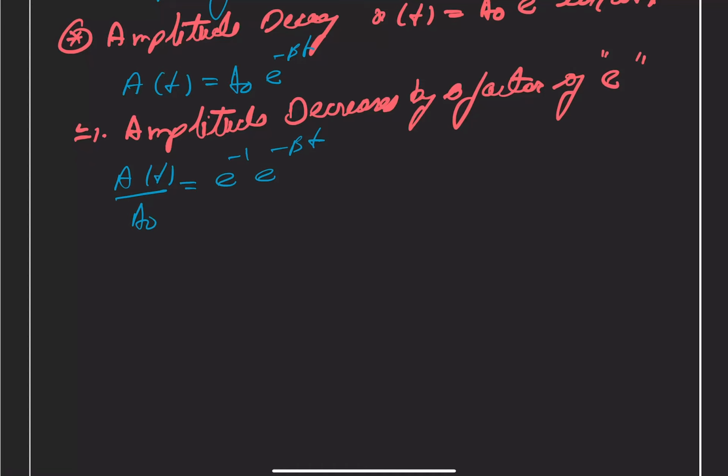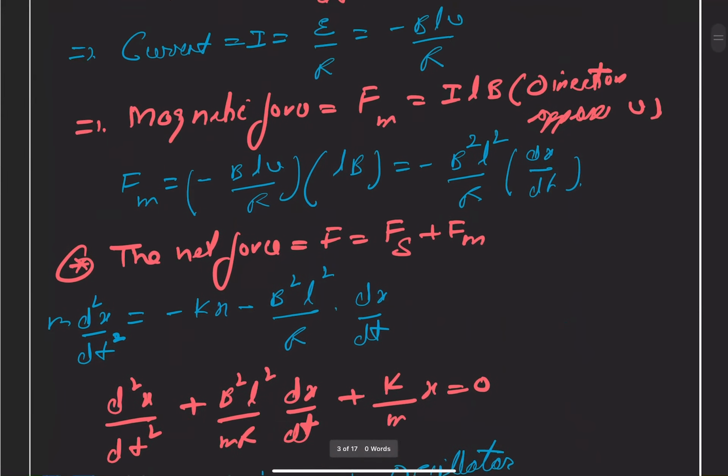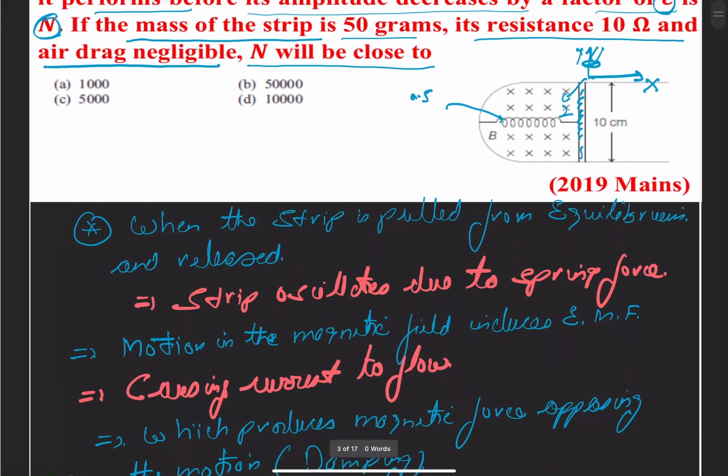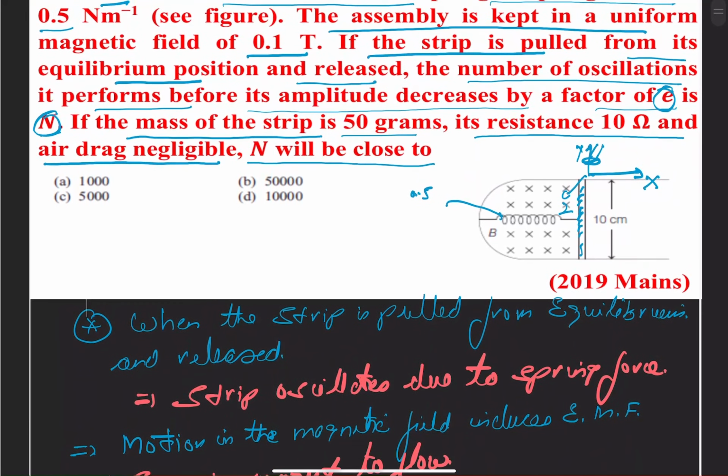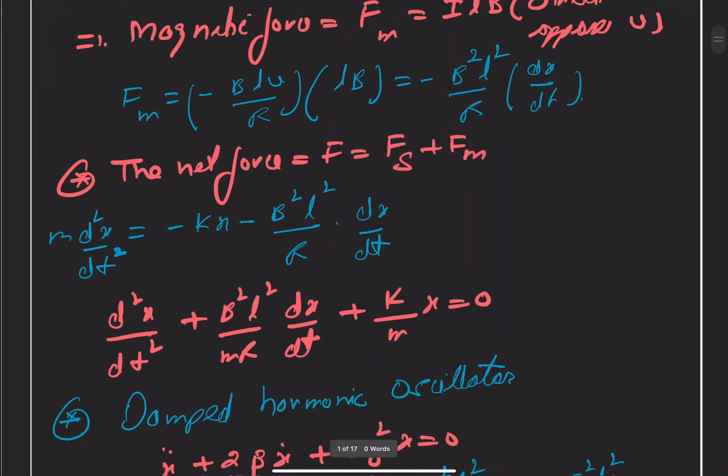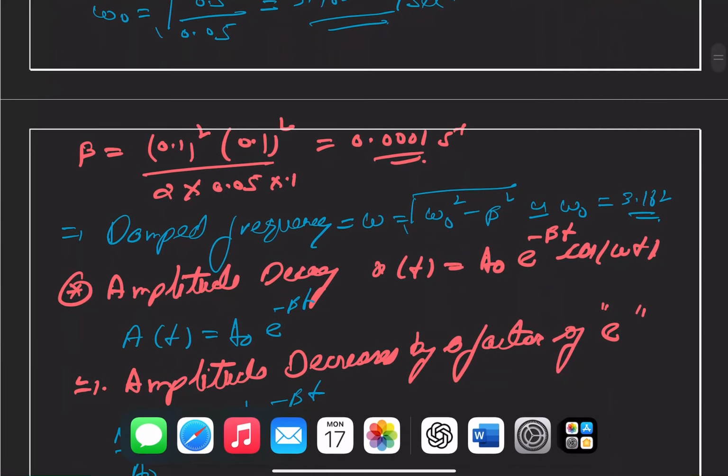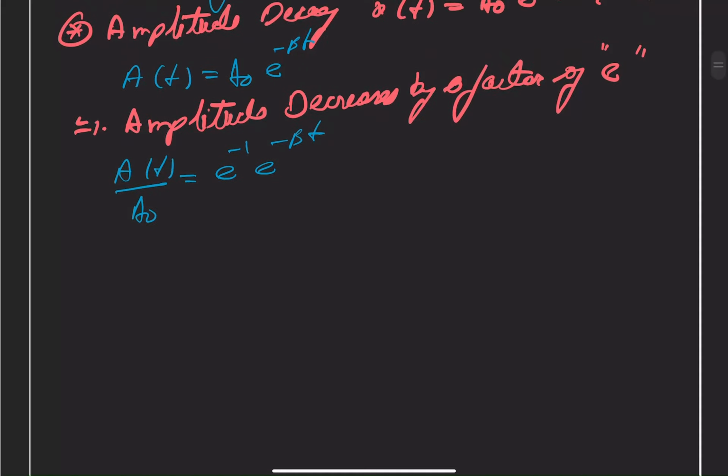And we already know, yeah, it is given as e, and we have to find out the value of n. So if we substitute the values, let me sort it out first.